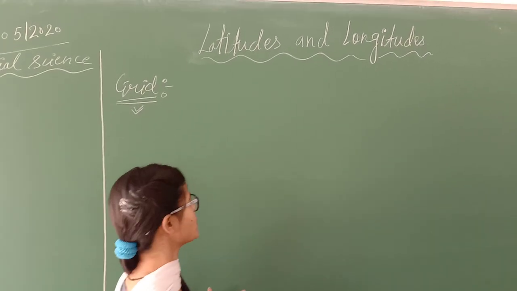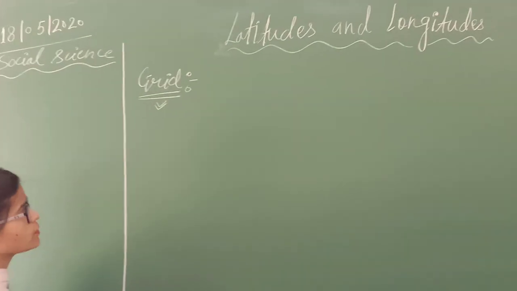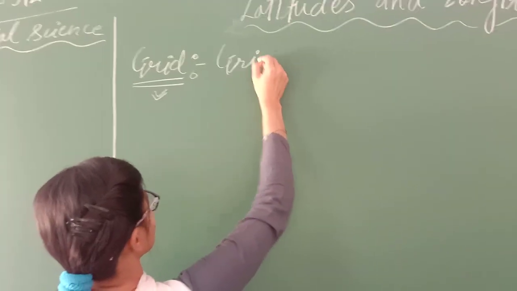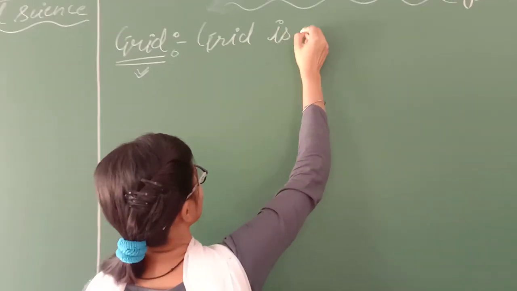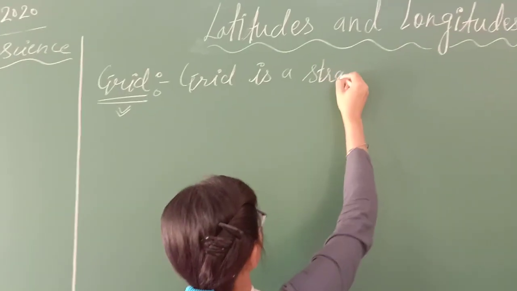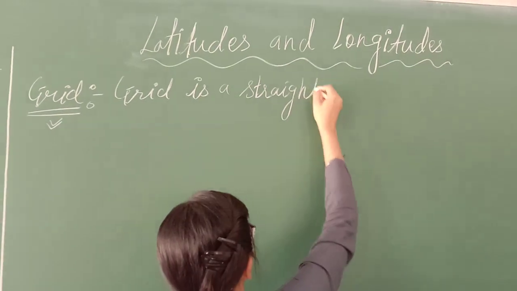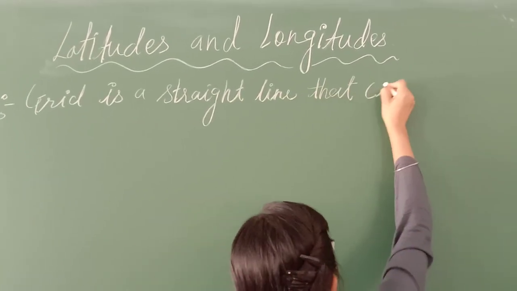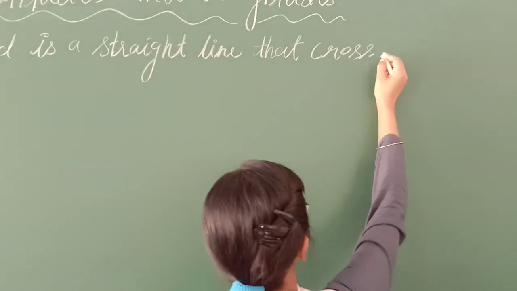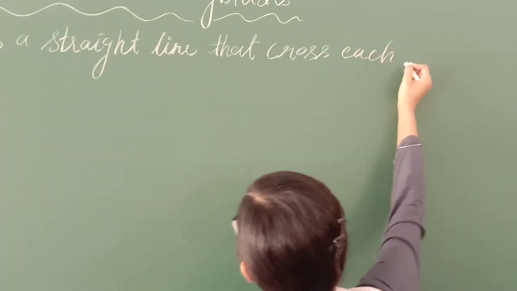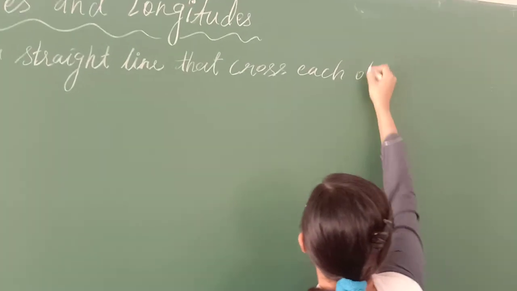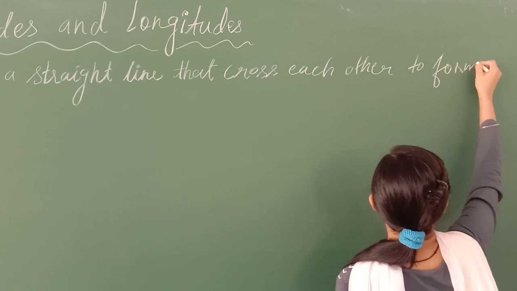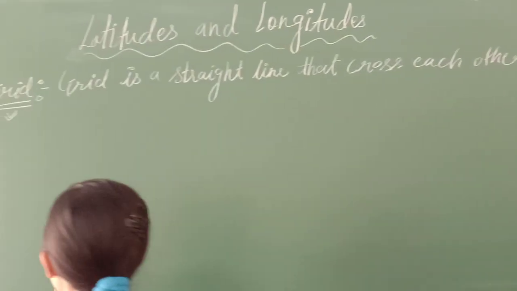Let's have the definition of grid. What is grid? Grid is a straight line that crosses each other to form a straight line.